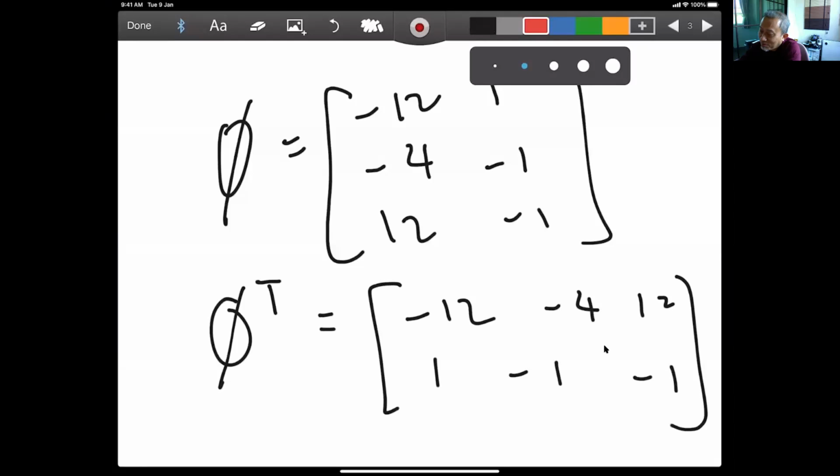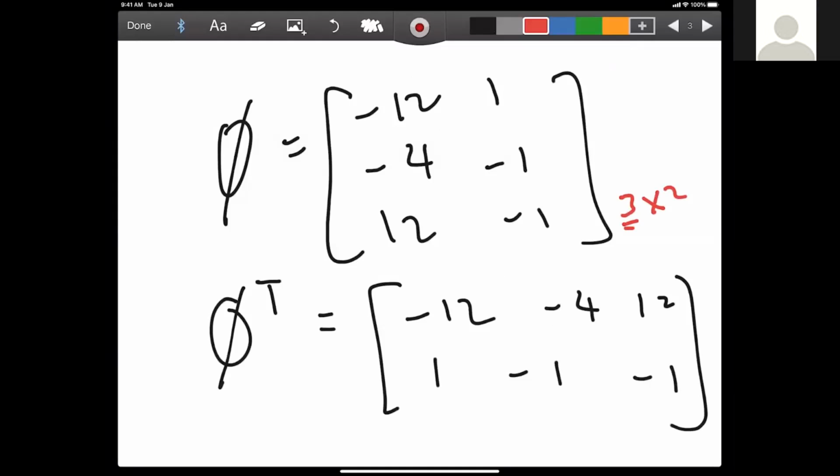This is a simple one done manually, but if the matrix becomes bigger, you have to do computer programming. So what is the size of this theta matrix? It is 3 multiply 2.